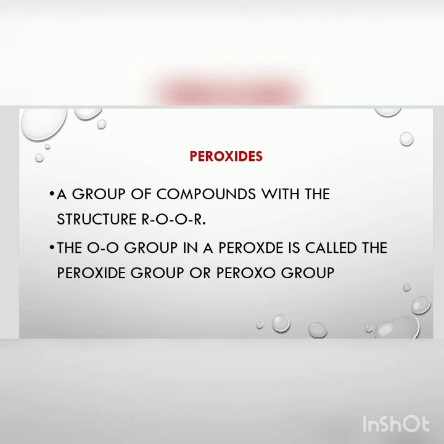So in common oxides, oxygen forms a double bond, but in peroxides, the bond between two oxygens is a single bond. So we can identify the peroxide by a single bond, right? In peroxides, the oxidation state is -1, that is O2 2-. So each oxygen carries -1.